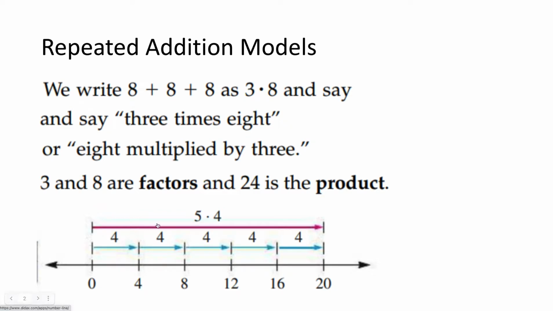For example, 4 plus 4 plus 4 plus 4 plus 4 shows 5 times 4, right? 4 is added 5 times. 1, 2, 3, 4, 5. So that is 5 times 4, and you land on 20. So 20 is the product, and 4 and 5 are both the factors.